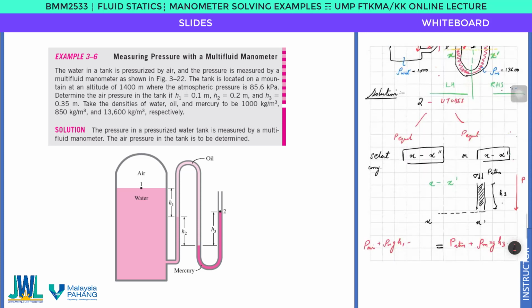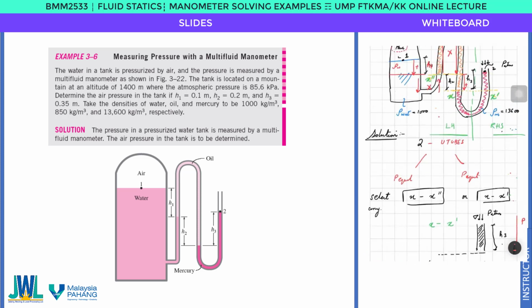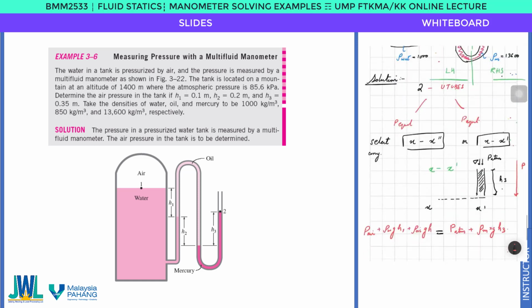This fluid is density of oil times gravity times height. The height from here to here is h2. So this is the equation.